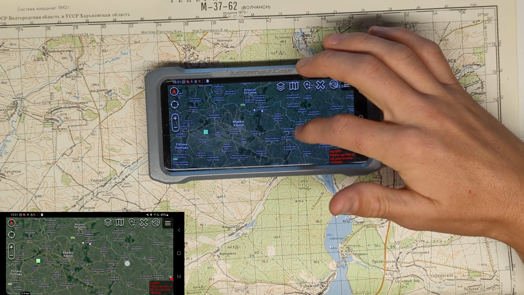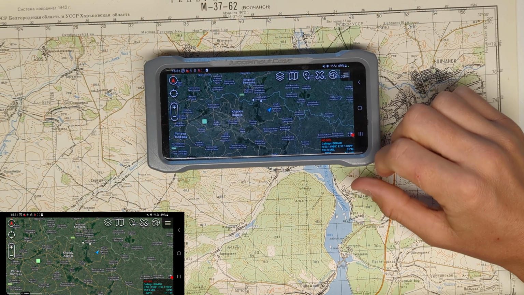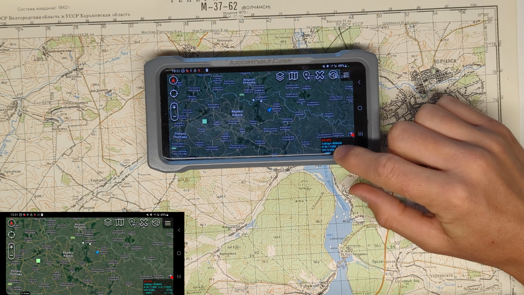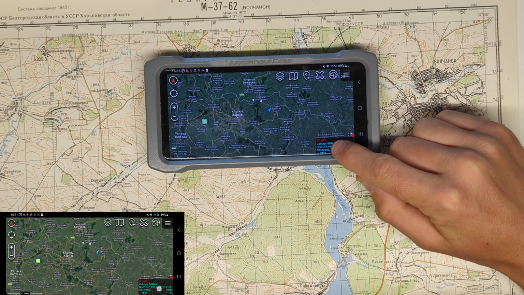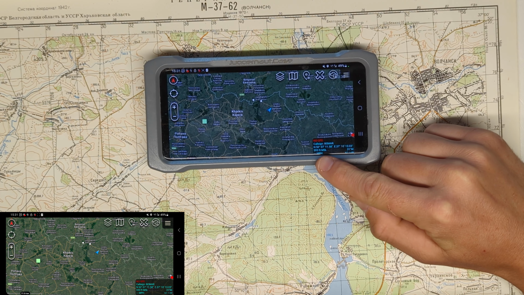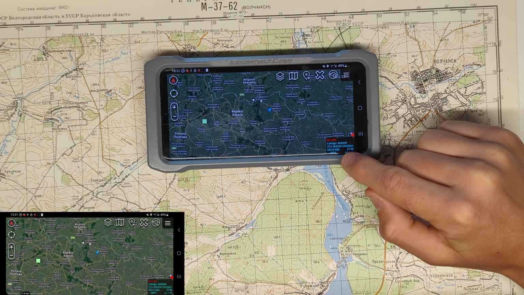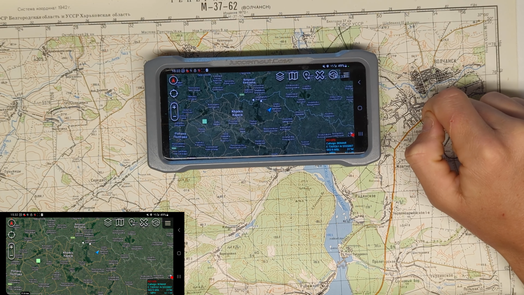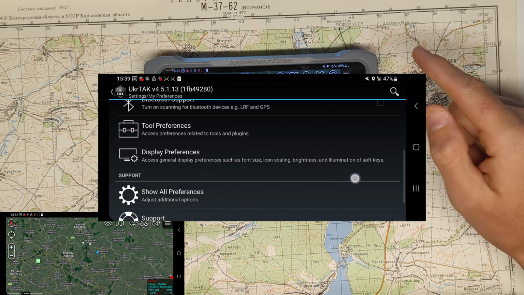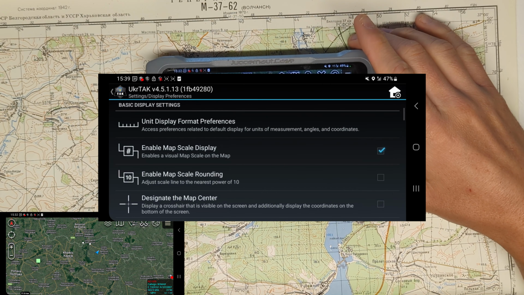But as we tap through our grid systems, we've got lat long degrees, lat long degrees and minutes, lat long degrees, minutes, seconds, UTM, and then finally we have the SK-42 system as produced by Vertex Geospatial in their UkrTAK flavor.